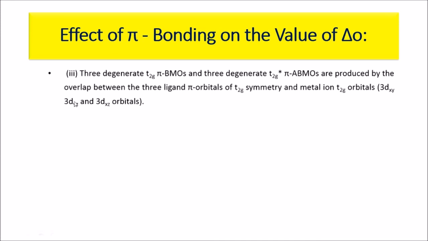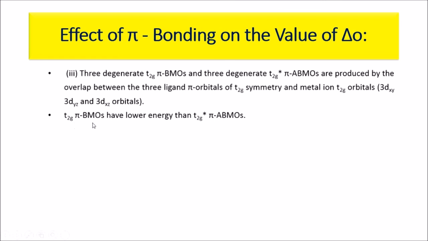The planar orbitals participate in pi interaction. So there should be a pi interaction between T2G symmetry of the metal ion with T2G symmetry of the ligand, and that overlap results in these 3 degenerate pi BMOs and 3 degenerate pi star ABMOs.